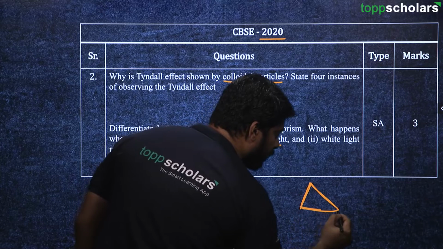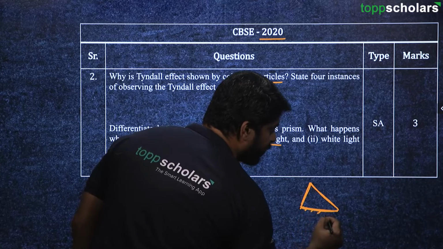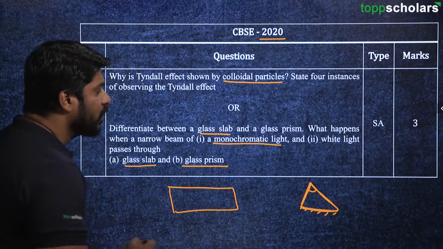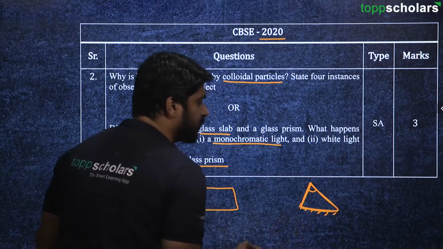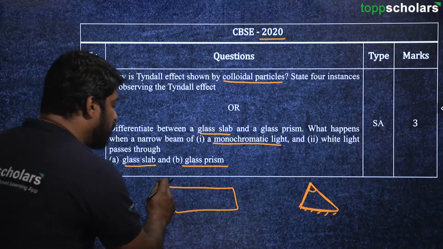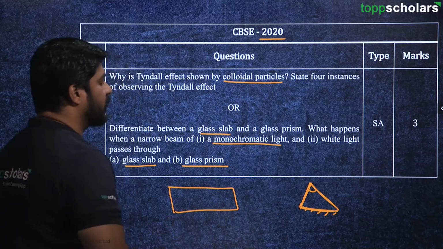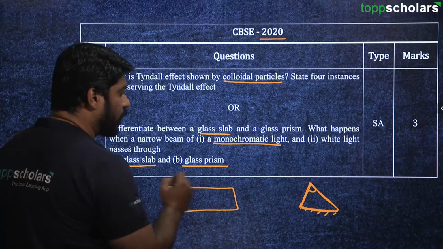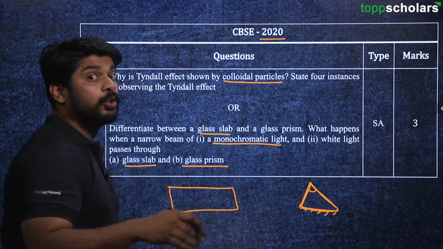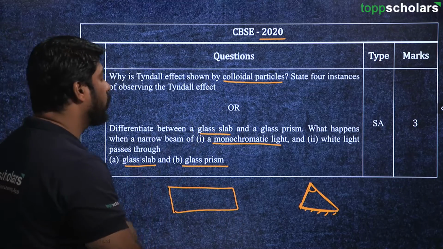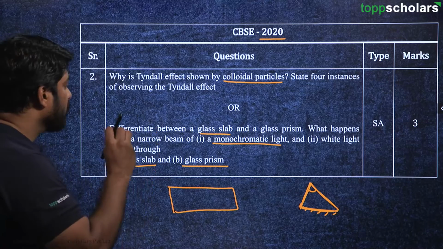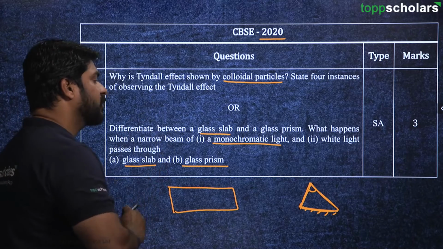We have got one rough surface here, and we can see there is a particular angle between these 2 refracting surfaces or the plane surfaces. Okay, so here we can see that the 2 surfaces are parallel. In fact, these 2 are also parallel, but here we can see that the 2 refracting surfaces are not parallel. So this is one of the major differences between the glass slab and the glass prism.